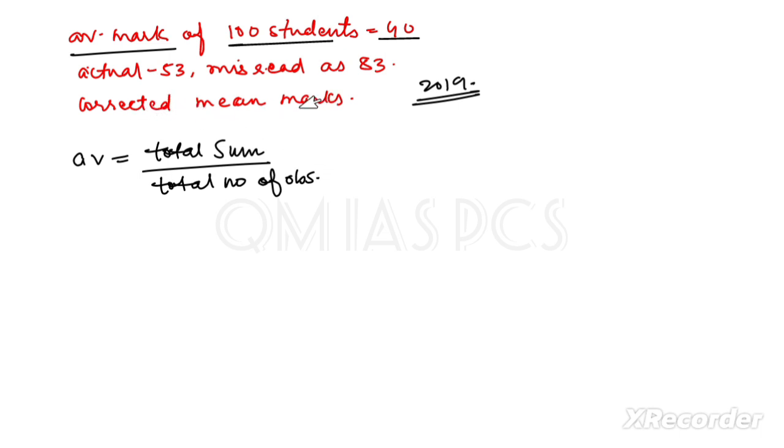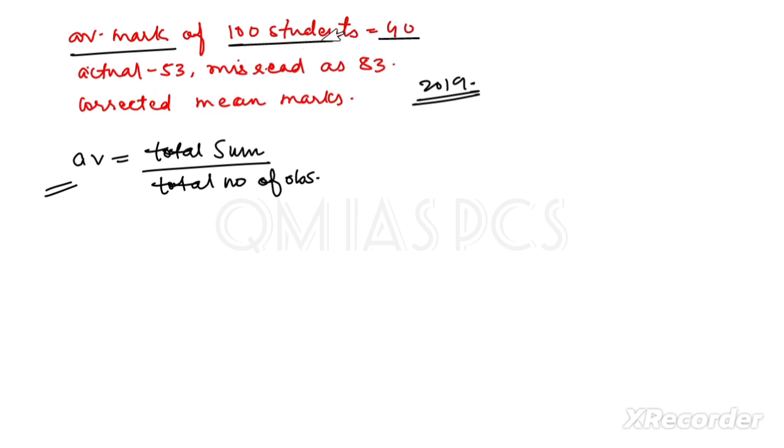Whenever there is a question on mean or average, just write the formula. The first step is to write the formula. If there is some data, just write the formula, and if there is no data but a condition, like in the previous class question, you should understand the question. If you understand the question, you can solve it.